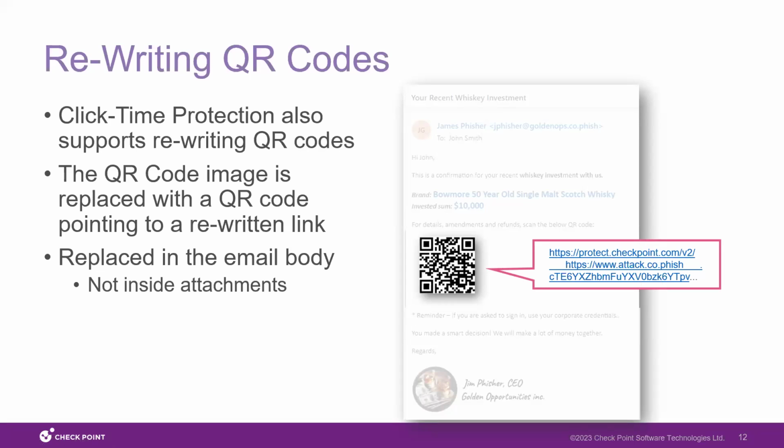So we're not only rewriting and checking the link behind it, but we're doing our URL rewrites with the QR code itself. If you take a picture with your phone of that QR code, we're protecting you there as well, because we're going to inspect that URL with our link rewrite at the time of click, at the time of opening.